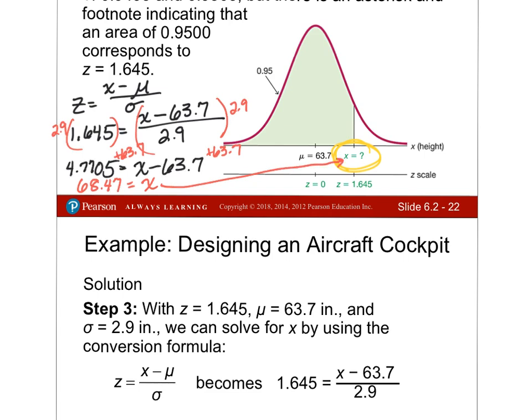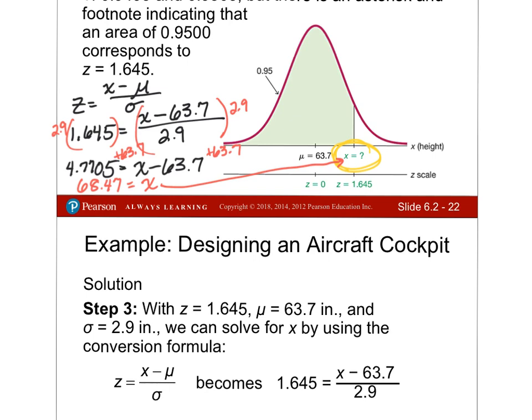We started with the standard score 1.645, and then we converted it to the non-standard score, which is more helpful because now this gives us an actual number of inches that we can use as our cutoff point.